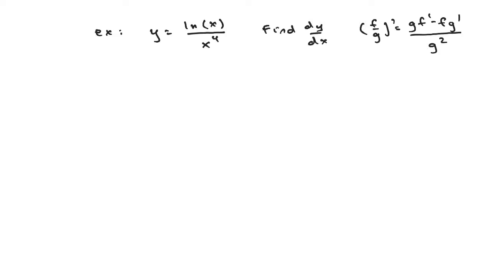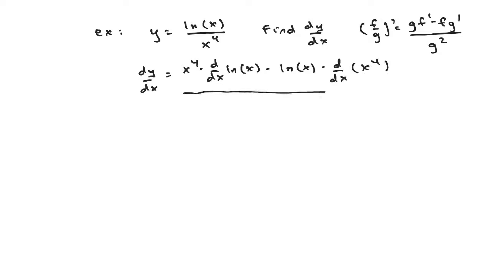So this is going to end up being dy/dx is equal to x to the fourth times d/dx of the natural log of x minus the top function, which is the natural log of x, times d/dx, or the derivative of the bottom. And all of that is going to be over the bottom function squared, which is x to the fourth squared.